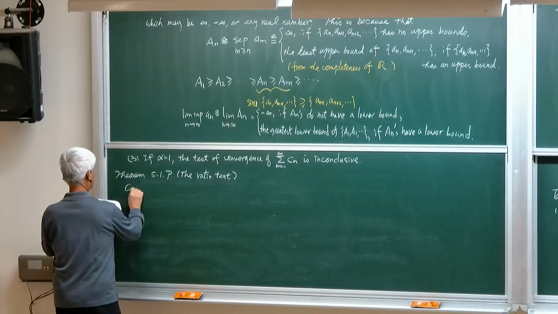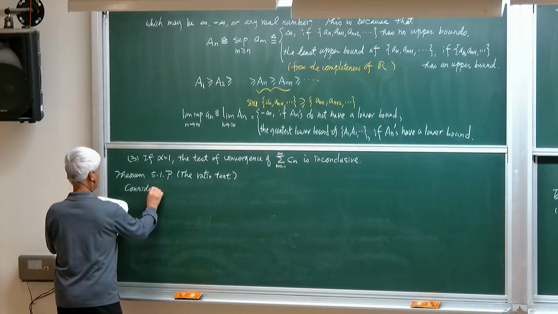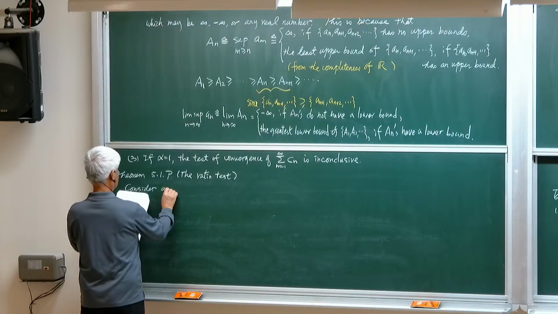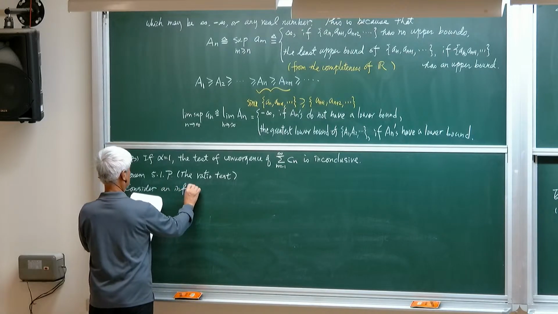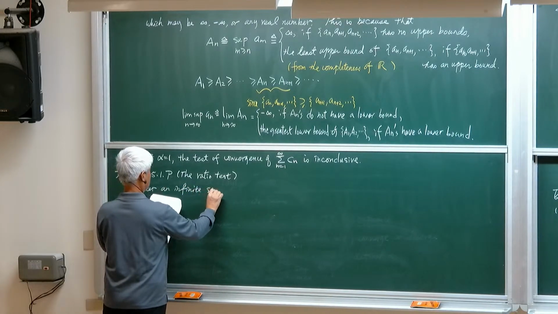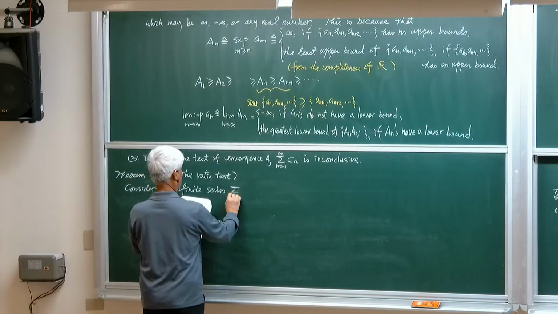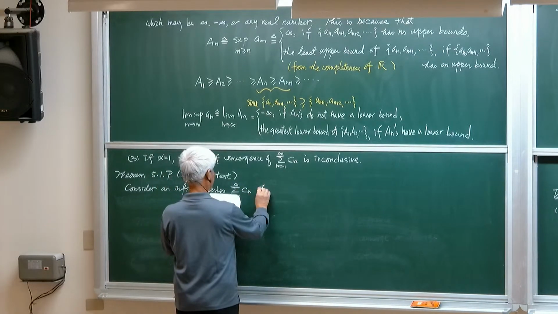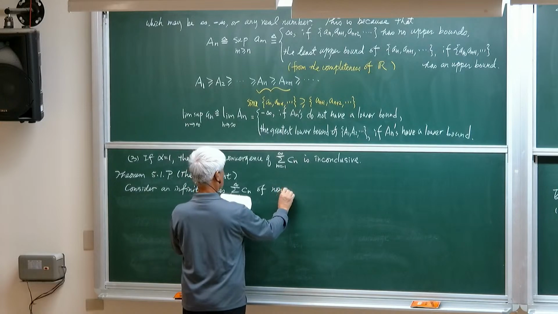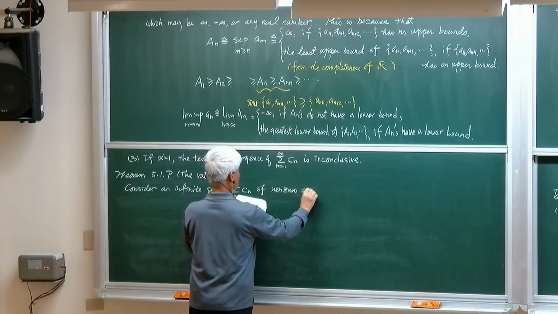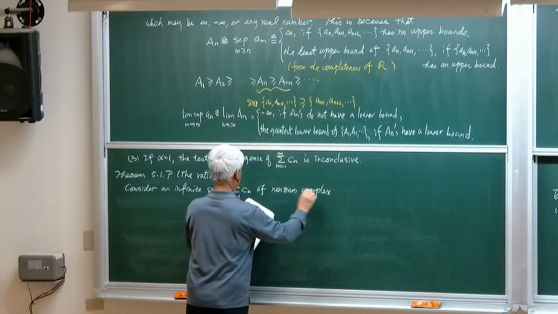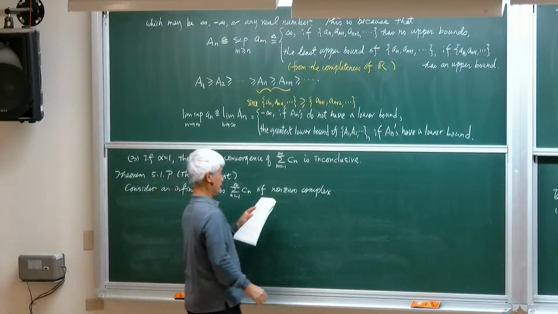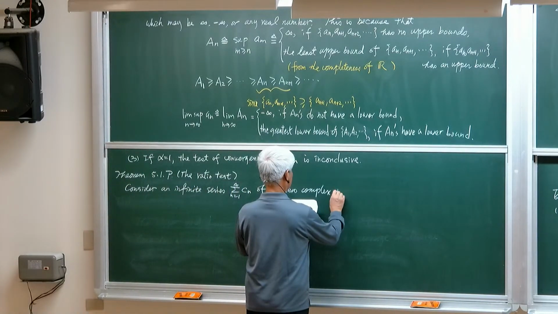All right, so consider the ratio test applied to an infinite series, summation from 1 to infinity of Cn, of non-zero complex numbers. So each term in the infinite series is non-zero.